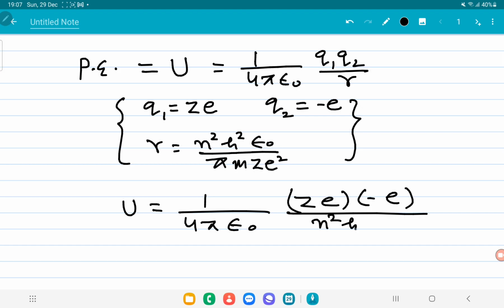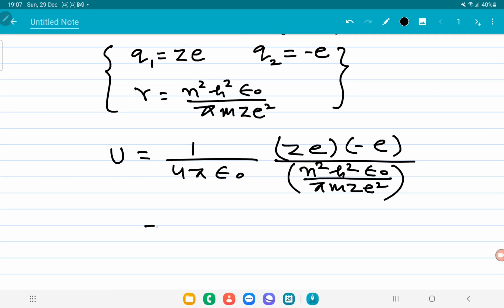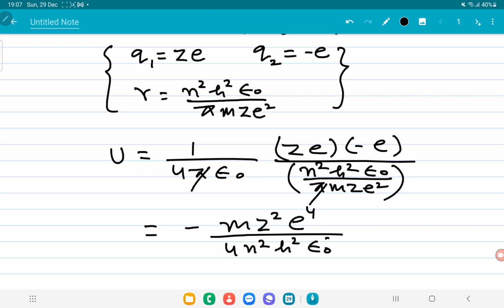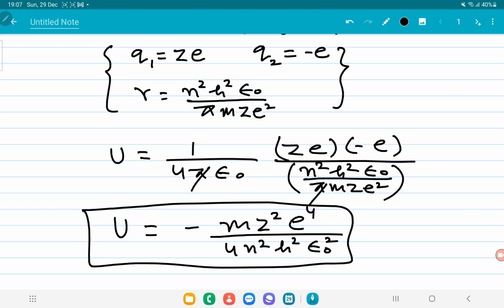Over here it is n square h square epsilon naught over pi m z e square. So the potential energy is turning out to be negative, and this pi and this pi cancel out. So it is minus m z square e to the power 4 upon 4 n square h square epsilon naught square. That is the potential energy.